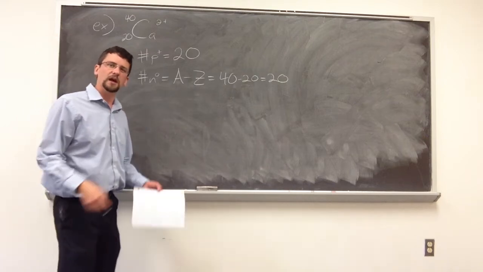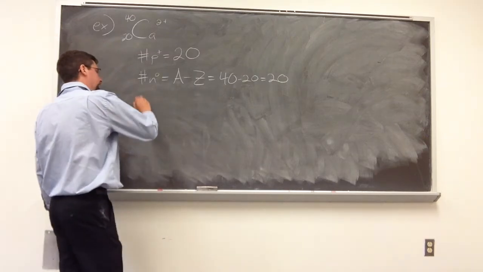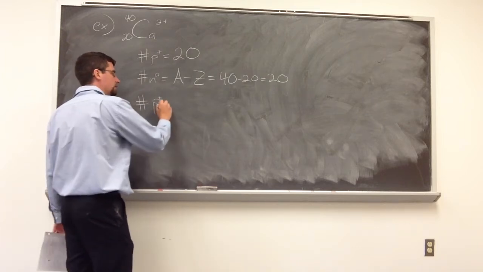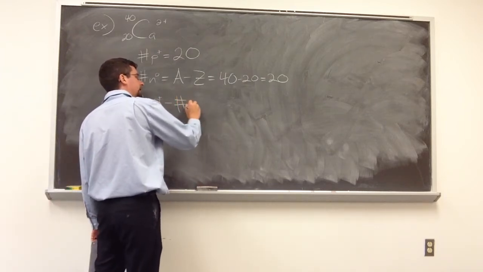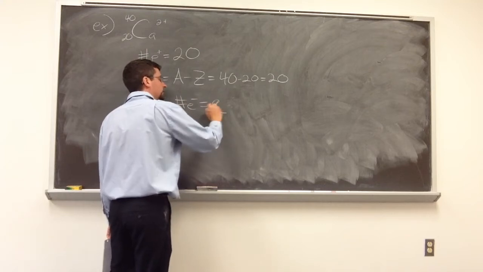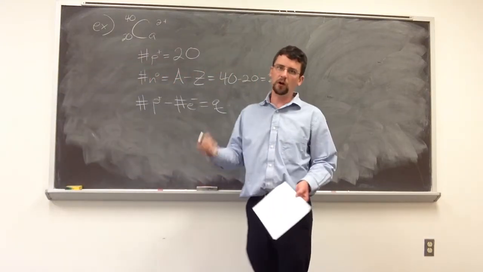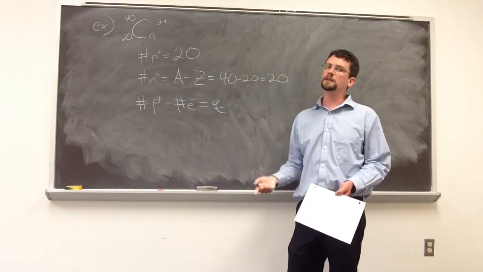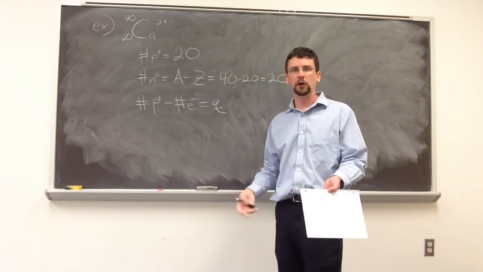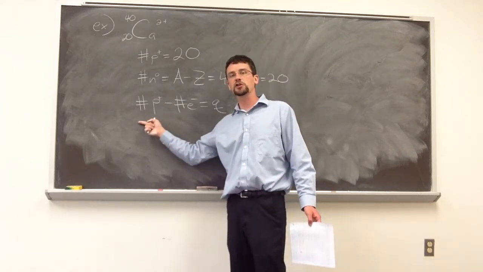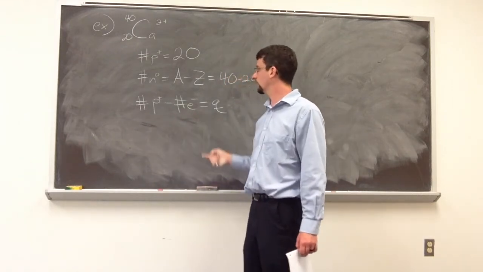Now we have to consider number of electrons. So we have number of protons, which are all positively charged, minus number of electrons gets us to our charge. Okay. Since this species is overall positively charged, that means there are going to be more positively charged particles than negatively charged particles, which means our number of protons should be greater than our number of electrons.